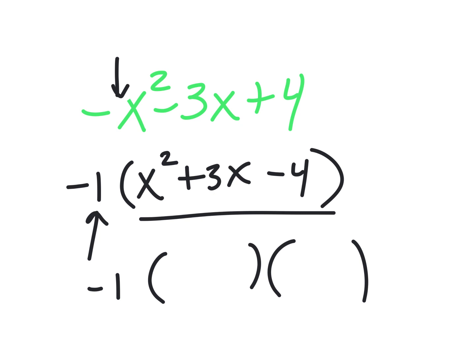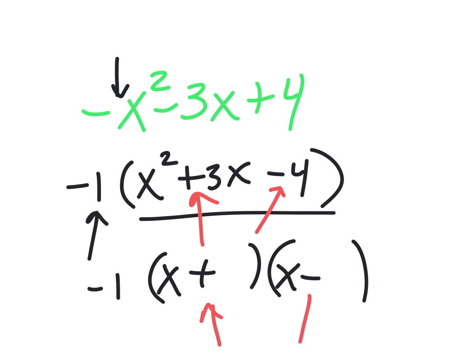All right, let's see. Did you have x and a plus and a minus? Remember, that's stage 2. Because there was a minus in the problem, I had to have at least a minus in my 2 factors. And then last but not least, it's either 2 and 2 or 4 and 1. In this case, it's 4 and a 1.